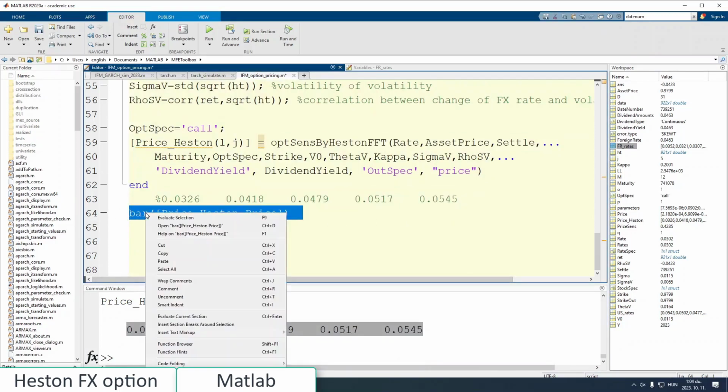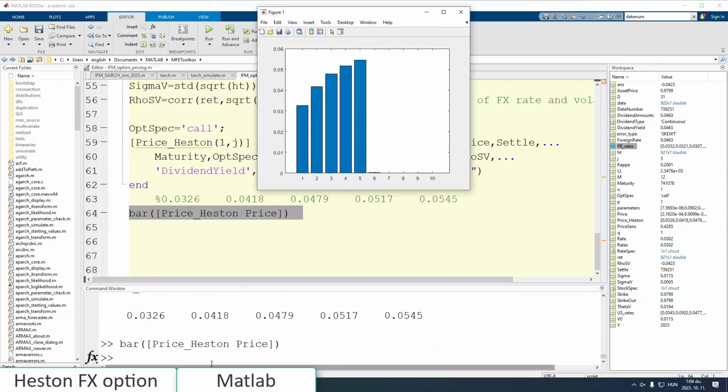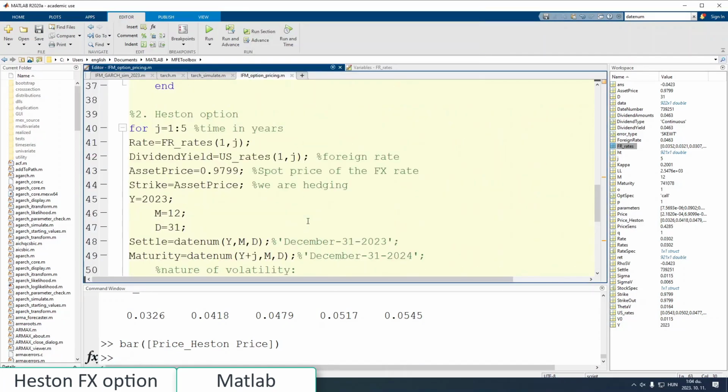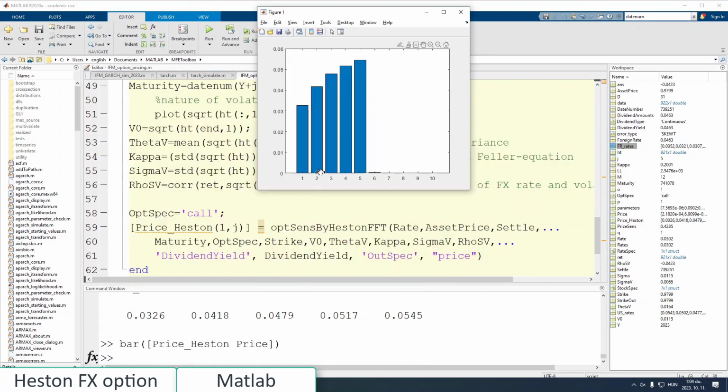So if we are just setting again the bar graph, still we can see that this is more expensive. But now it's realistic because we can buy an option fee for euro cents. Yes, so this is good.